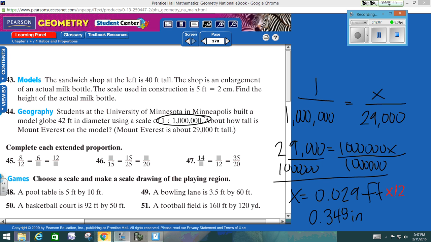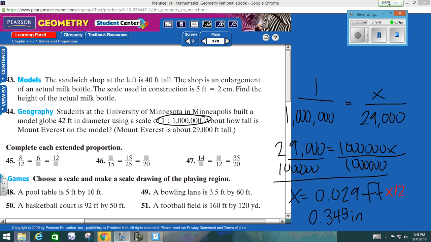What fraction goes with 0.3? 3/10 technically, 1/3, yeah, 0.3 repeating is 1/3. Doesn't a third of an inch make more sense than 29 thousandths of a foot? So Mount Everest on that 42-foot diameter globe pops off just 1/3 of an inch. It's probably less than your nose is poking off of your face. Unless you have a really tiny nose. Neat, huh? I think it's cool.